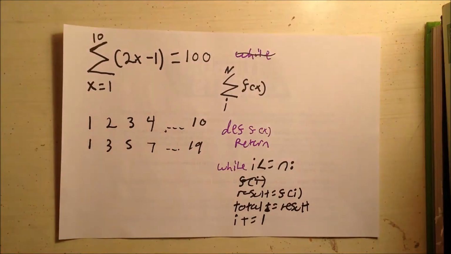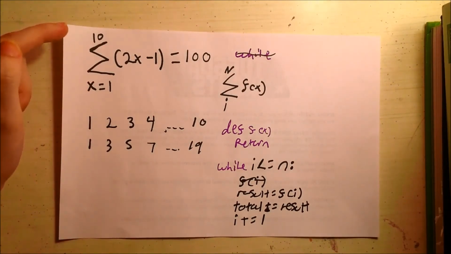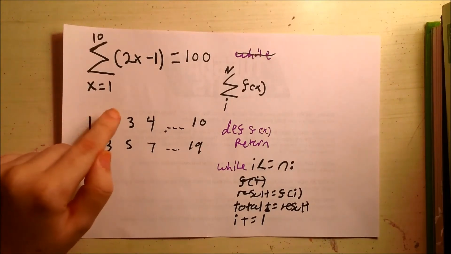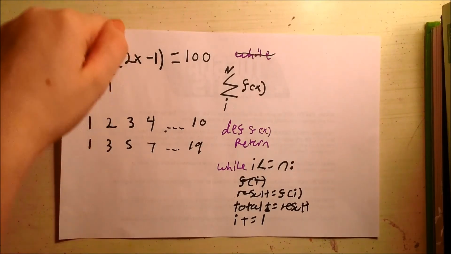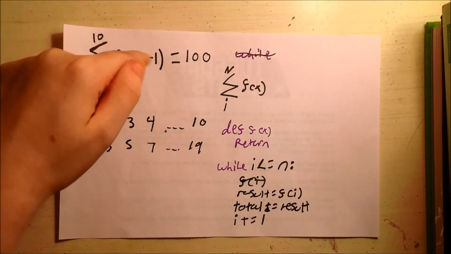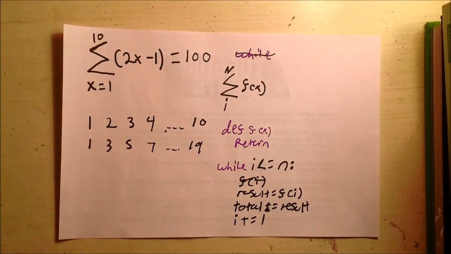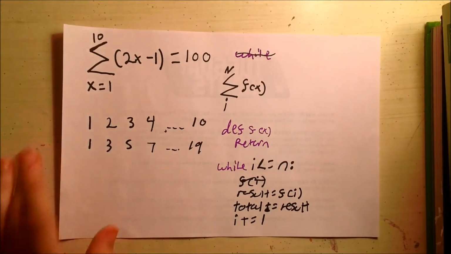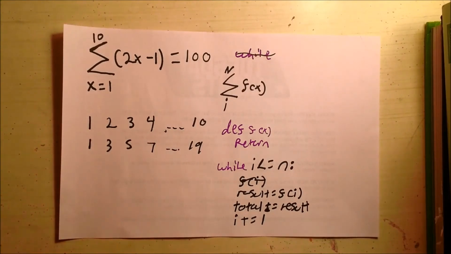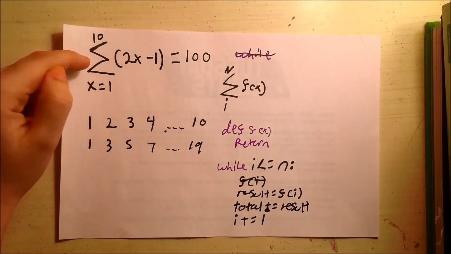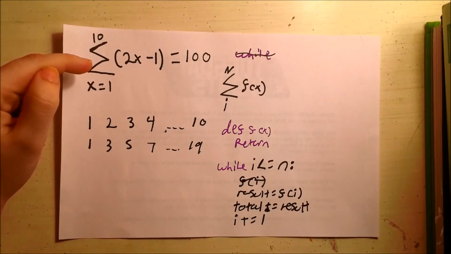So, the summation just goes from the bottom thing to the top thing, and each time it starts with the bottom and evaluates this thing in here, and then adds that to the rest of the results, so the results start at 0. So I claim that this equals 100.